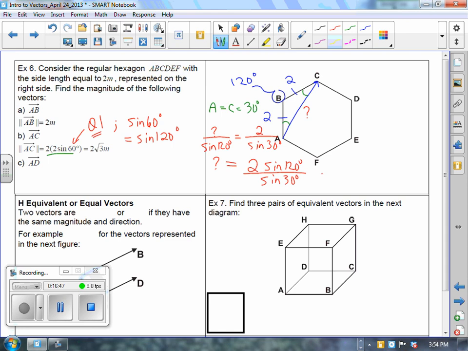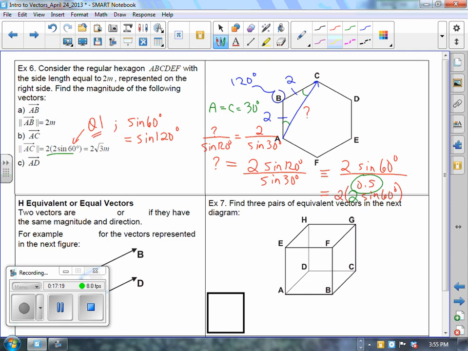If we move further on this, we know sine 30 is 0.5. We could have stuck with 120, it would not have made any difference whatsoever. And when you divide by 0.5, you're really going to end up multiplying by 2. So hence the reason why we have the extra 2 in our answer key.